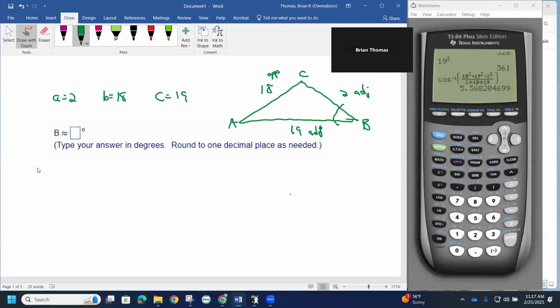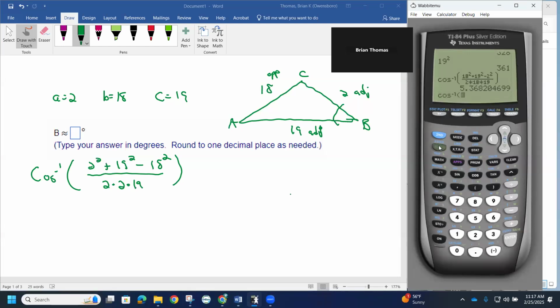So we're going to do the inverse cosine. And our formula says the adjacent squared plus the adjacent squared. So it's going to be 2 squared plus 19 squared minus the opposite squared. And then we're going to divide by 2 times the adjacent times the adjacent. So that's the 2 times 19. So if we put that into our calculator, inverse cosine, and then remember F1 is our fraction mode, gets that in there.